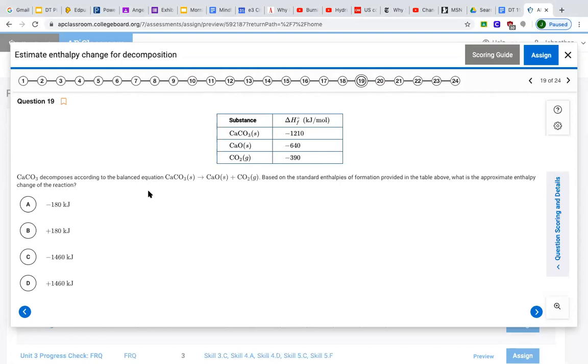So in this case, what we do is we subtract reactants from products, okay? So we do products minus reactants equals delta H when we're dealing with enthalpy of formation, okay? That's not good notation.